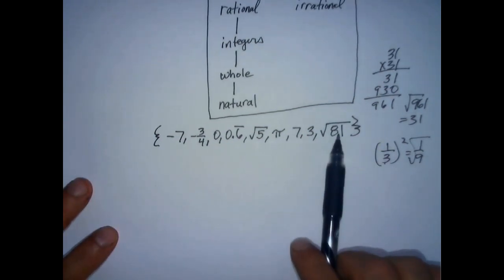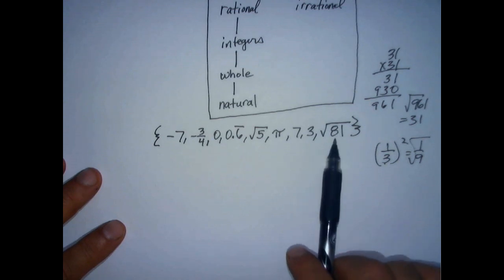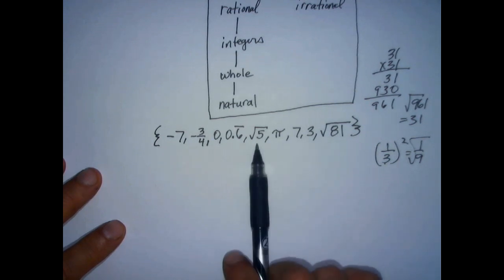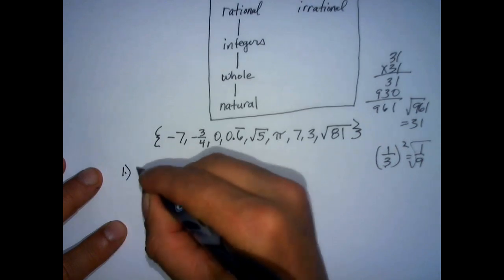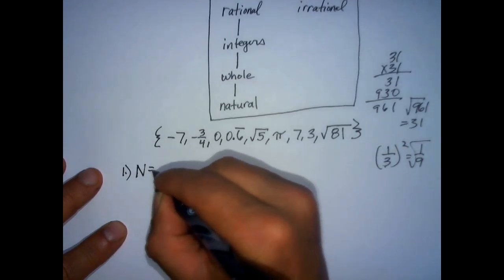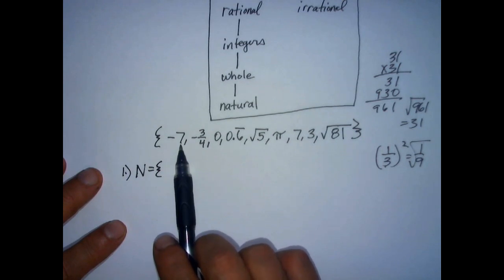So 81 is going to be a natural number in this case, because it's a perfect square. This number is not going to be a natural number. Okay? So the first thing we're going to do is list the natural numbers in this set. And we'll just do a yes or no. Is -7 a natural number?